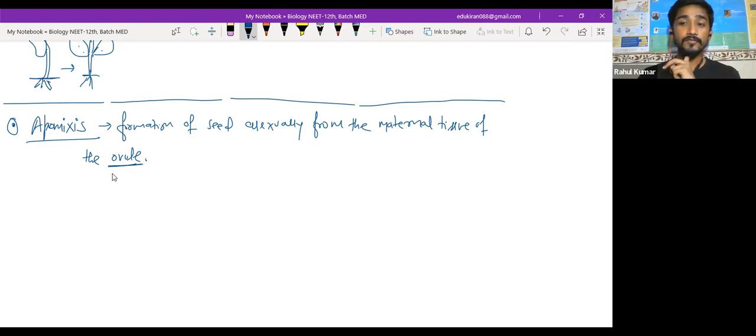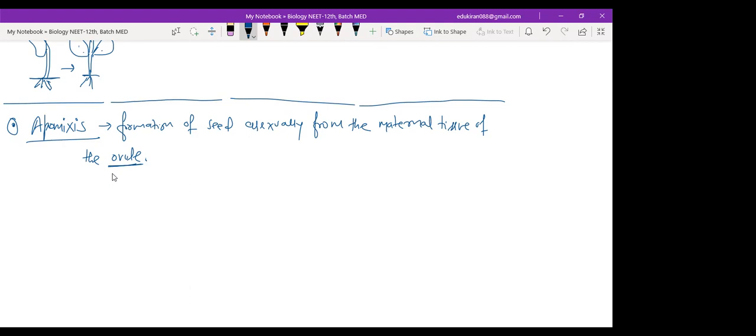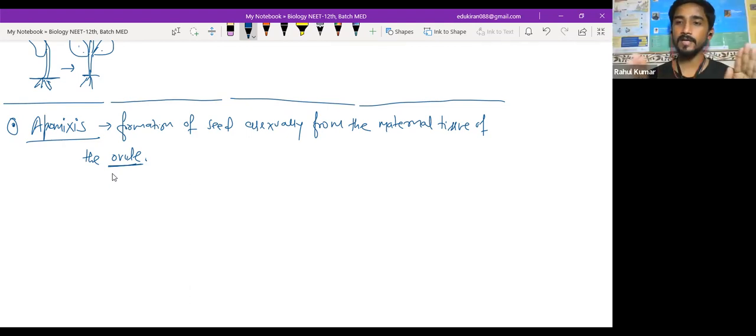So clearly, some female tissue itself is acting as a factor to make this ovule develop into a seed. So it becomes diploid, but it is just the female tissue only. So the genetics remain the same. It is just like a vegetatively propagated plant, or like fragmentation or budding in lower organisms, other asexual modes.